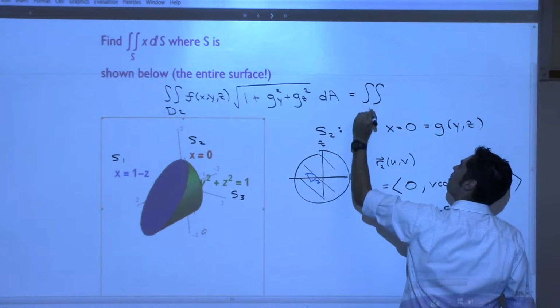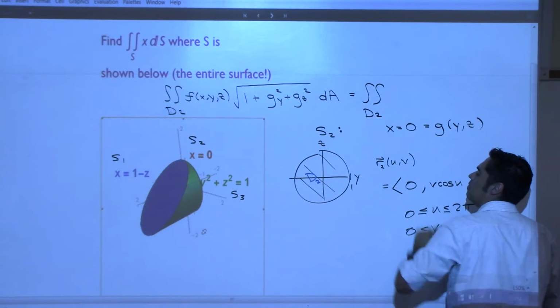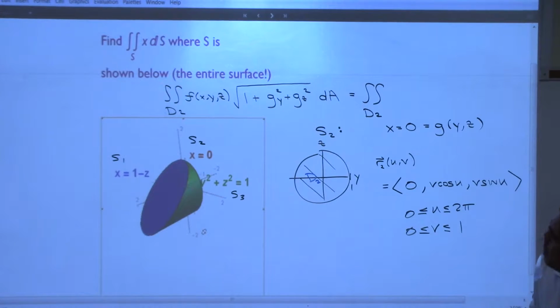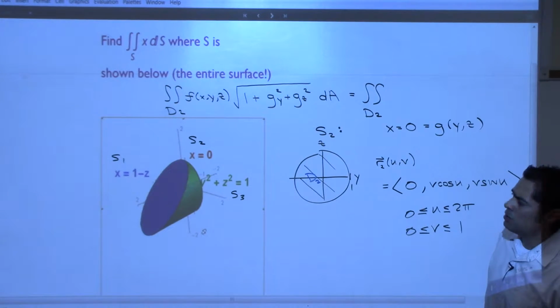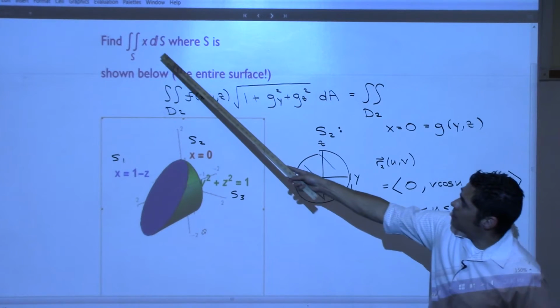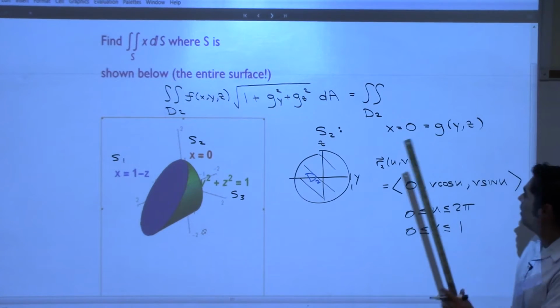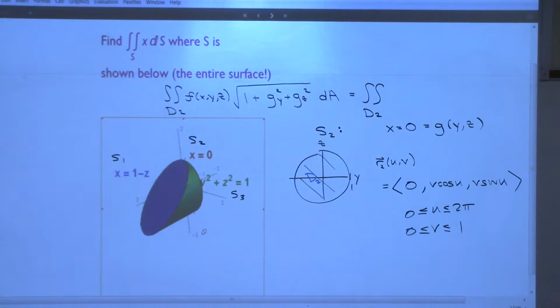Double integral over D2. Now I need to plug in to my scalar function, x, y, z. What is my scalar function? X, right? I need to plug in what? 0. Right? X is 0. You understand that?